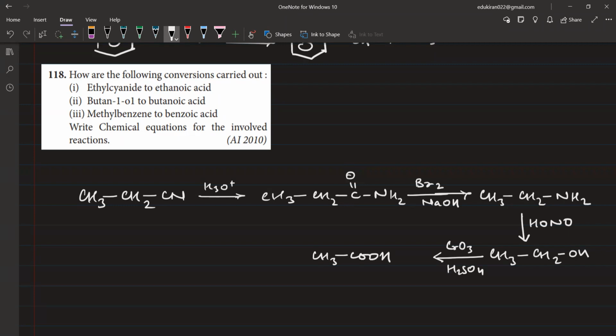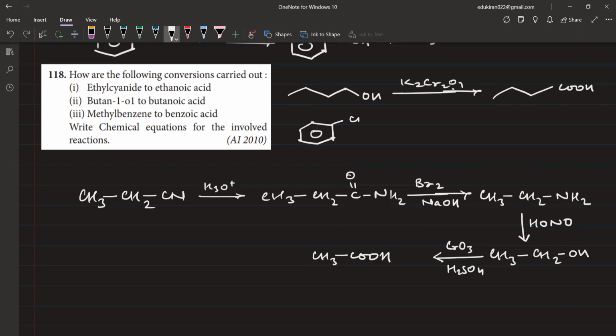Now butan-1-ol to butanoic acid, 1 2 3 4 OH, K2Cr2O7. Methyl benzene to benzoic acid. क्या करते हैं इसको?